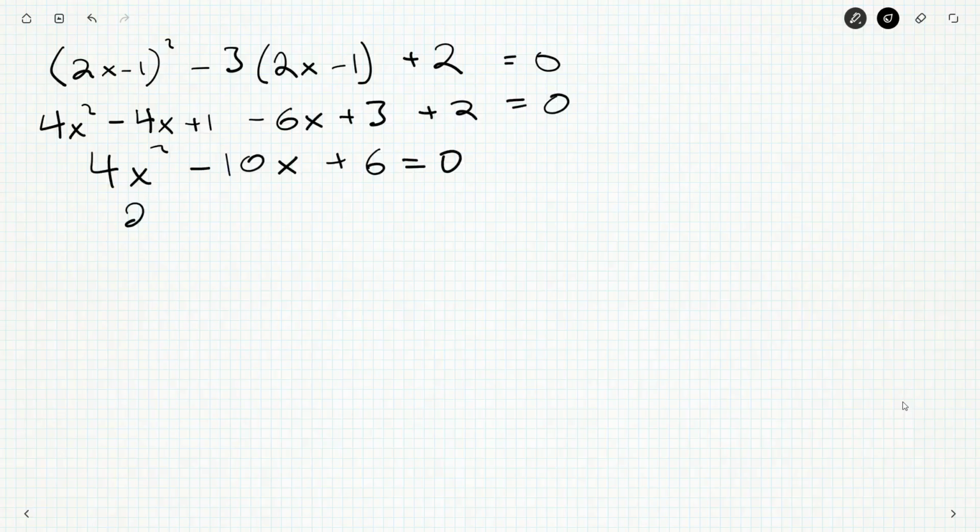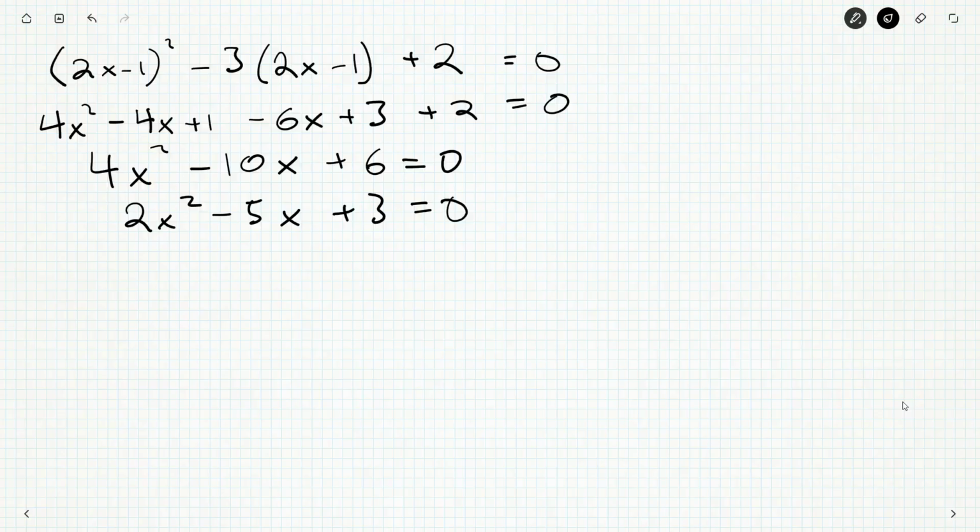So we can divide by 2 here. But it is not entirely obvious how to factor this. Now, one thing that's nice to note, the coefficients, if you add them up, equal 0. That does tell you that 1 is going to be a factor here, but it's not entirely obvious.